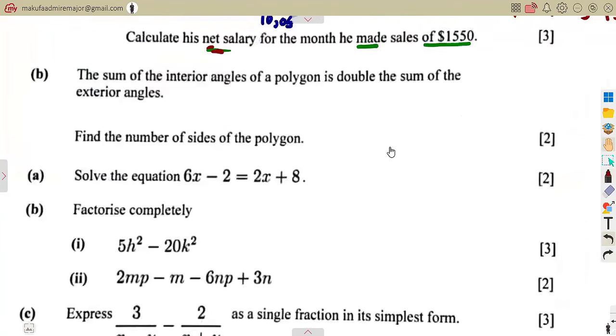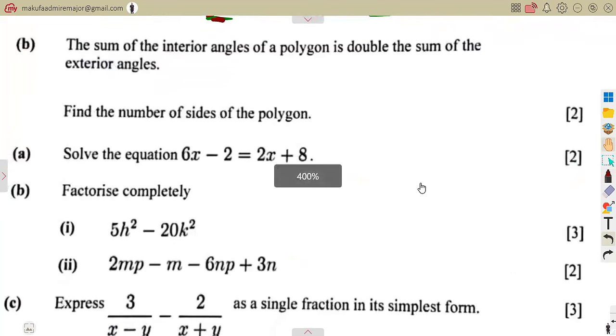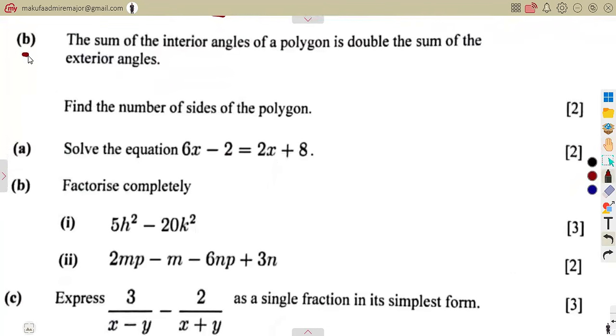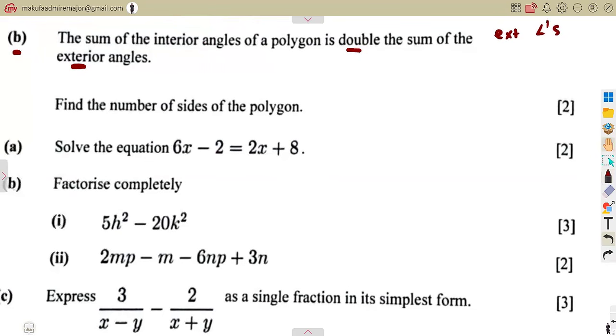All right, B. We are given that the sum of the interior angles of a polygon is double the sum of the exterior angles. All right, we do understand that for any polygon, the exterior angles add up to 360 degrees.